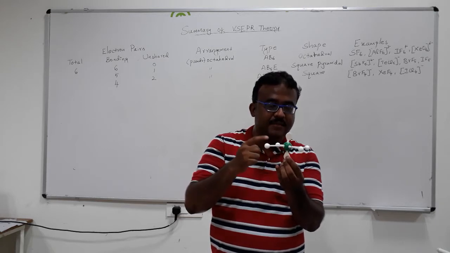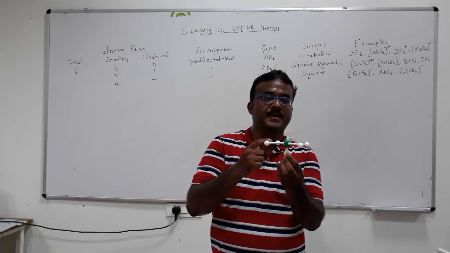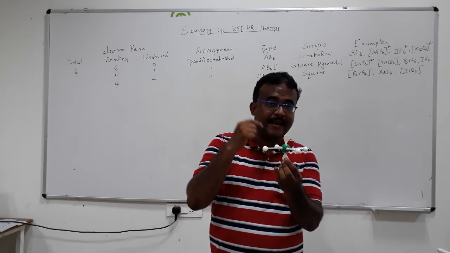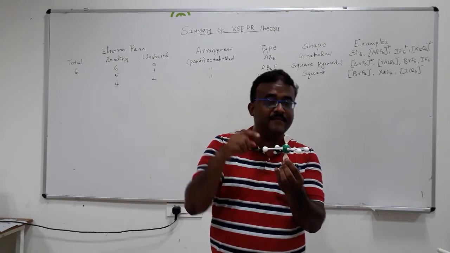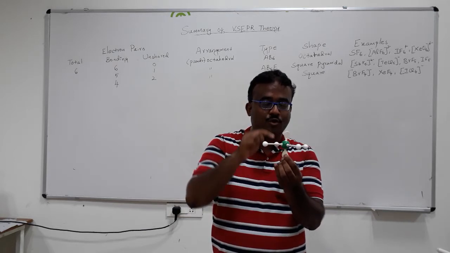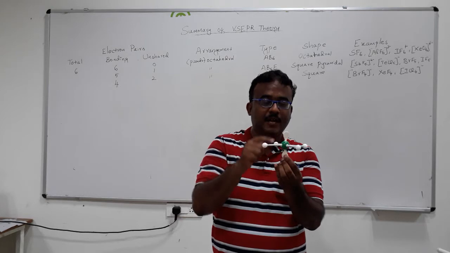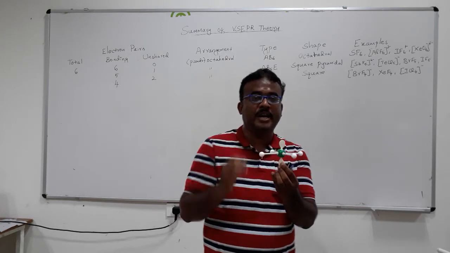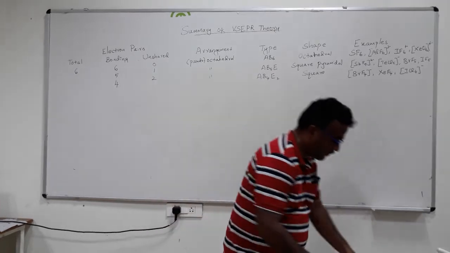Why not cis? Cis will face more repulsion, since lone pairs face more repulsion compared with bonded electron pairs. So they like to keep away from each other. So trans is the correct position to occupy to get the geometry of square.